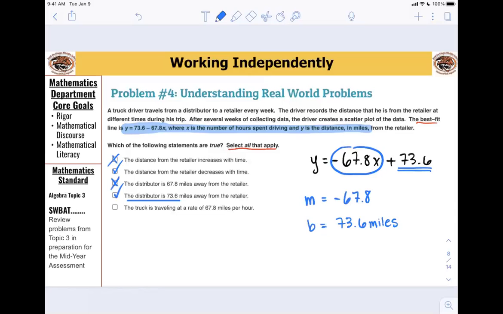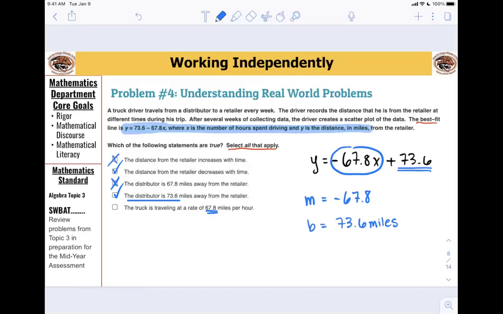You can check box 5, because of the per hour. Remember that slope is speed. Speed will always be your slope. So since my slope is negative 67.8, that tells me that my speed is negative 67.8. What are the units of this slope?